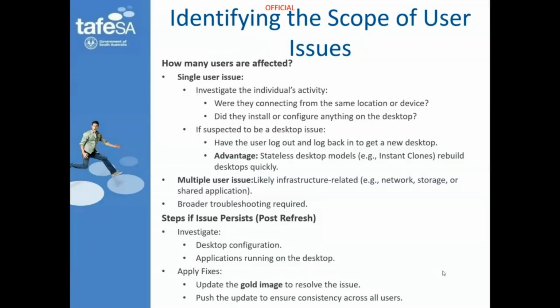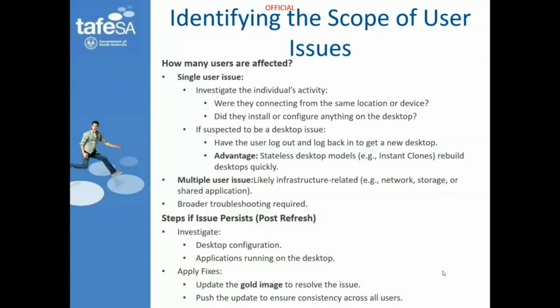That's a quick and easy way, isn't it? The advantage is the stateless desktop model, which means, e.g. with the instant clones, the desktop is rebuilt quickly from a golden image, which means it should be perfect. So if it's an issue affecting that one desktop only, then logging out and logging back in basically refreshes it. It's like having a new computer.